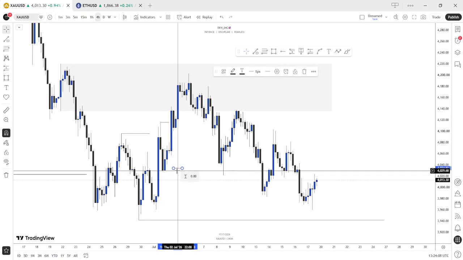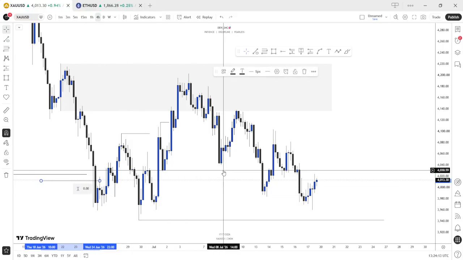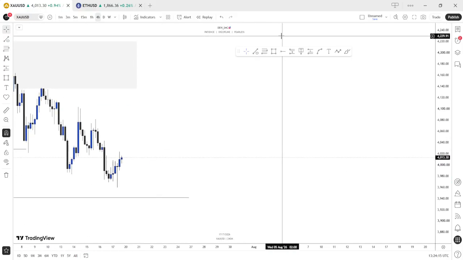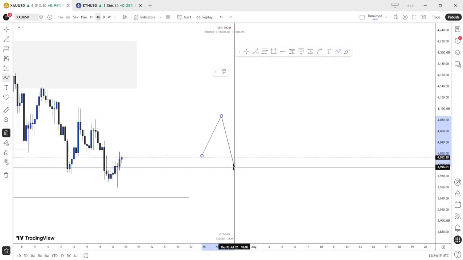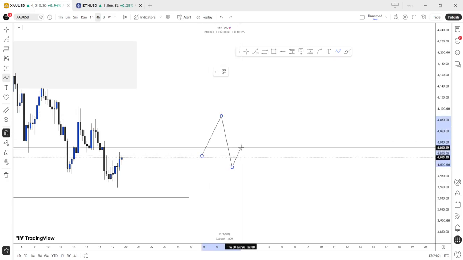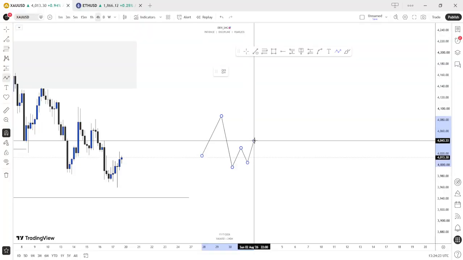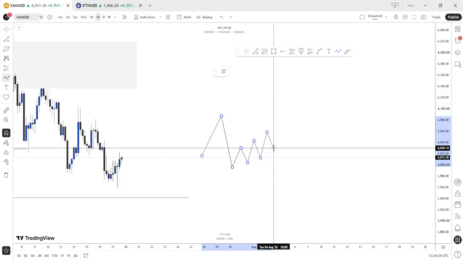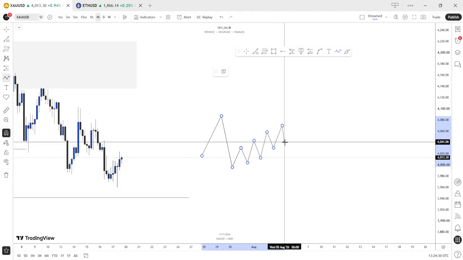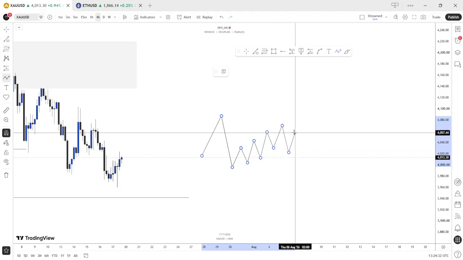For those of you who don't know how to map structure, this is how you do it, right? It's basically this, right? We get our pullback. This is basically the framework the market works on. So if you understand this, you can easily trade, right?